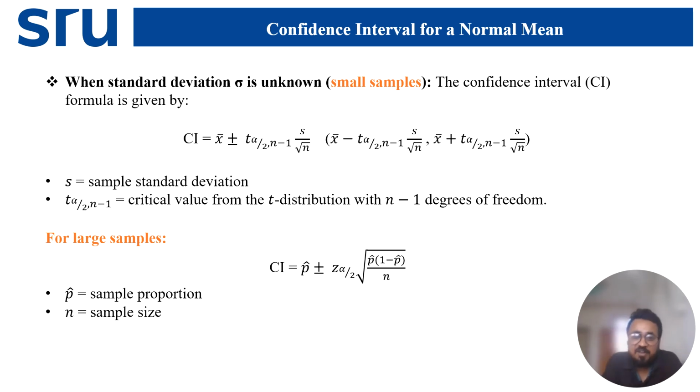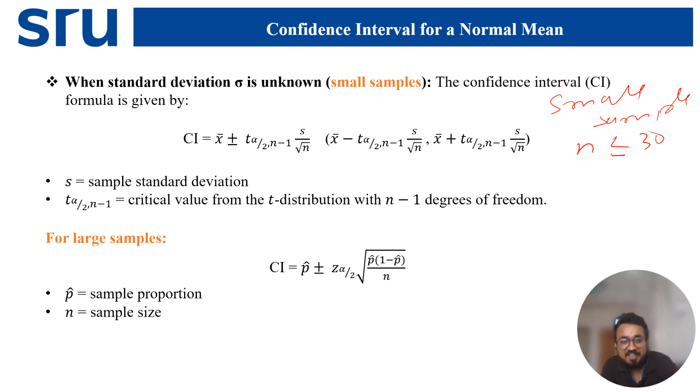Small sample means the total number of observations is less than or equal to 30, and if n is greater than 30, then we can say that the sample is large. So whenever the standard deviation is unknown, two cases arise: either a small sample or a large sample. For a small sample, we will use the t distribution.